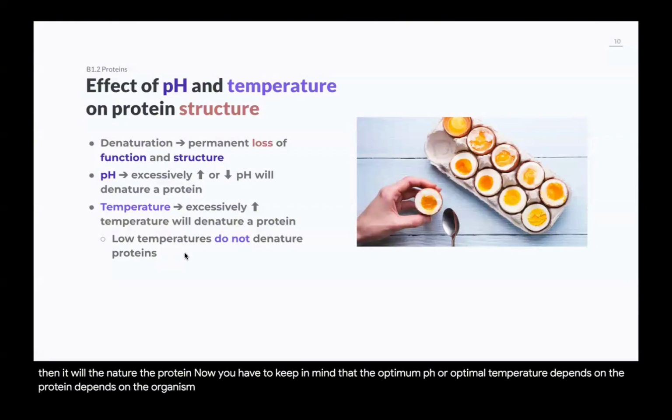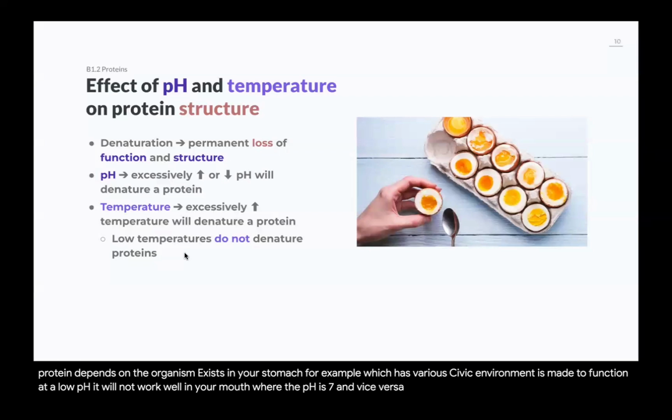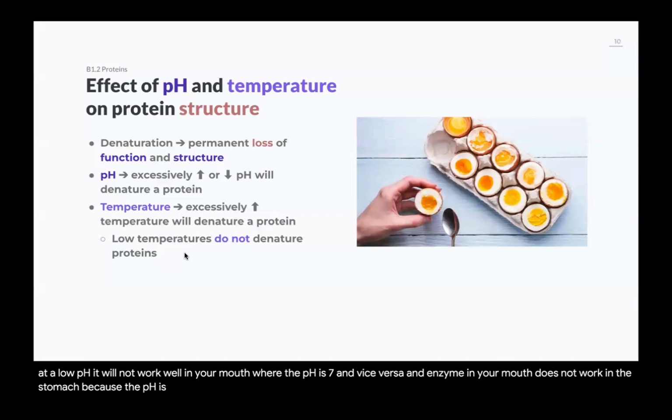A protein that exists in your stomach, for example, which has a very acidic environment, is made to function at a low pH. It will not work well in your mouth where the pH is 7. And vice versa. An enzyme in your mouth does not work in the stomach because the pH is too low, right? And the same can be thought of temperature.